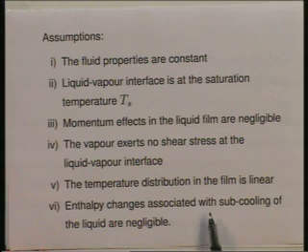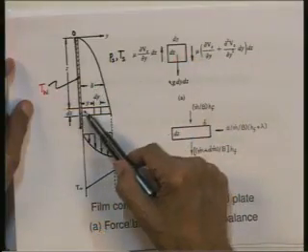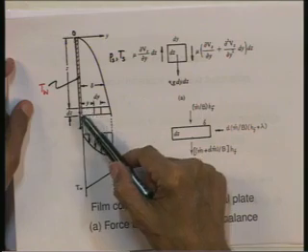And the final assumption which Nusselt made was, he said enthalpy changes associated with subcooling of the liquid are negligible. What he meant was, the vapor first condenses at the liquid vapor interface, where the temperature is T s, but the liquid inside, its temperature drops from T s to T w inside the film, and T w is less than T s.